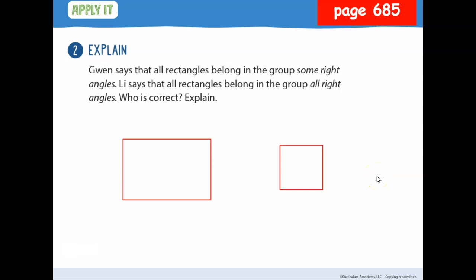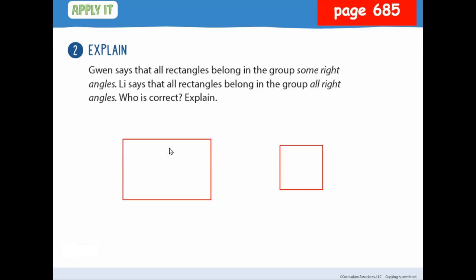Does each shape have all right angles or some? You sure? Doesn't this shape right here look like your desk? Doesn't it? Mhm.